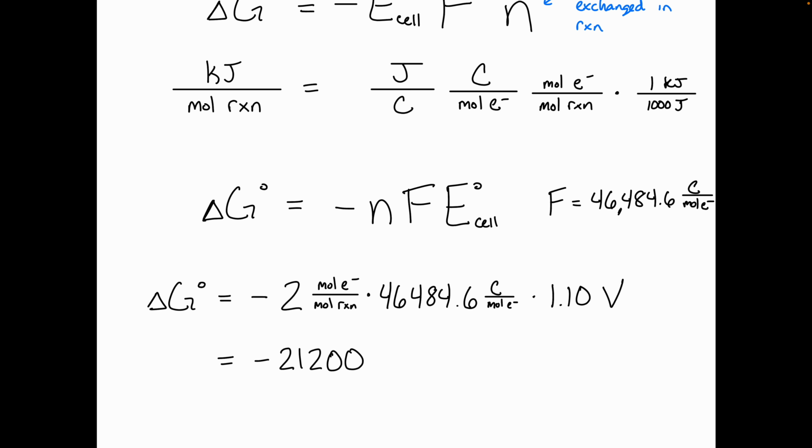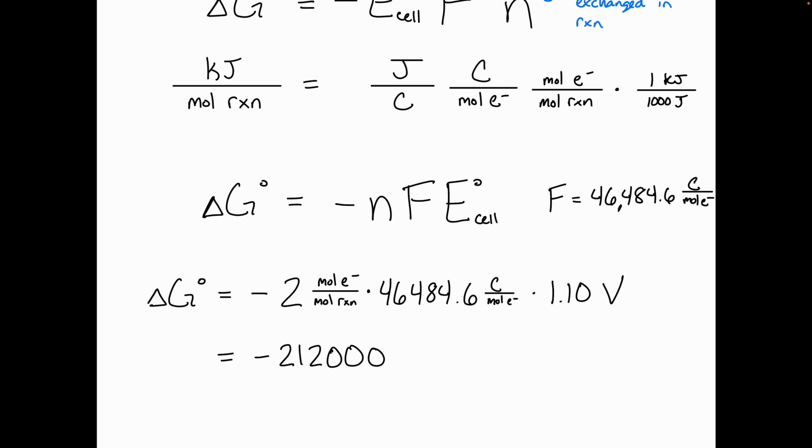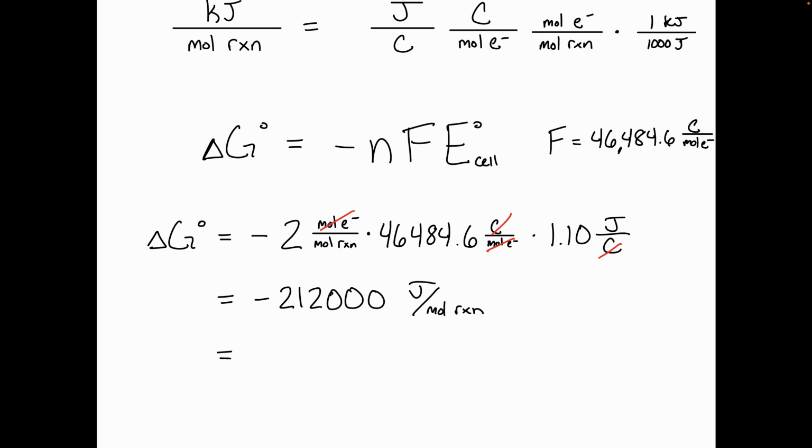I get 212,000. Well, why would that be? My moles of electrons cancel out. But we have to remember our volt is a joule per coulomb. Now coulombs cancel out, so this is joules per mole reaction. And as we said, we like to look at delta G in kilojoules per mole reaction. So we can divide by 1,000 to get our 212 kilojoules per mole reaction.